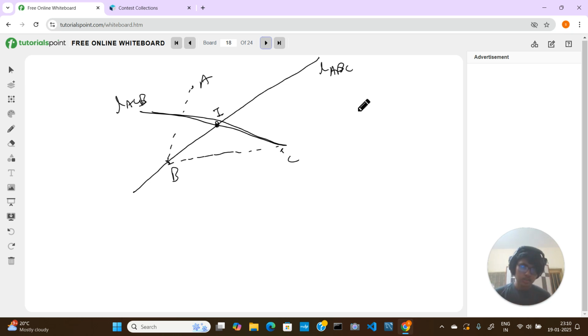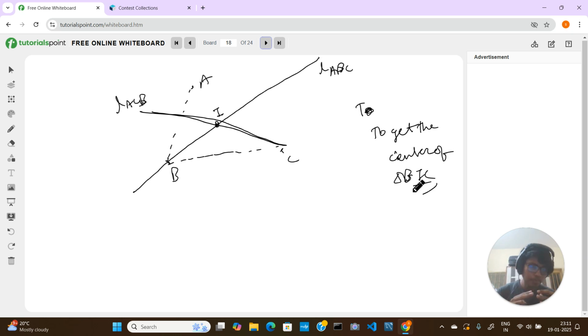But our problem is to get the excenter of triangle BIC. For that, we somehow need a point on the line BI. So basically, we are interested in the excenter of triangle BIC, not triangle ABC.